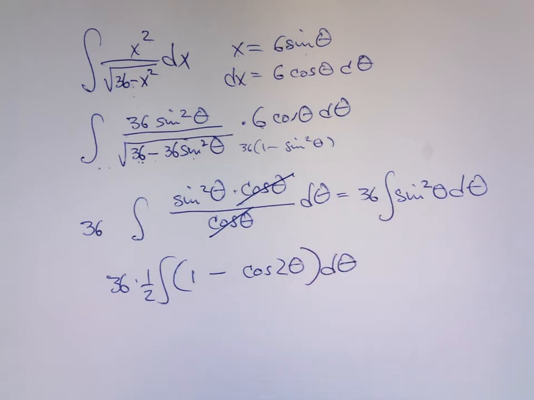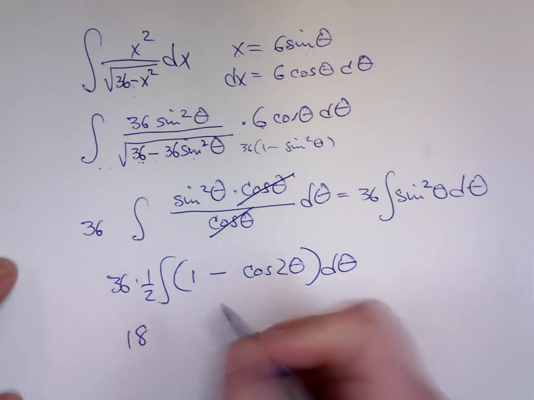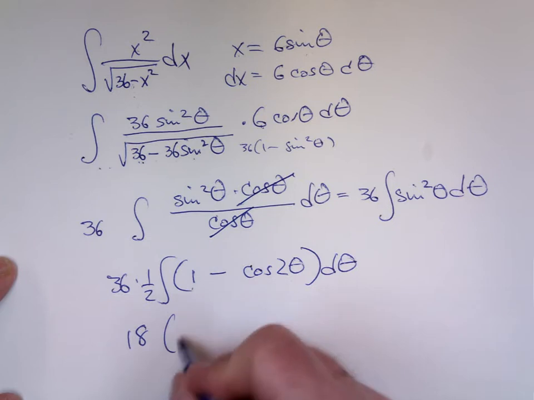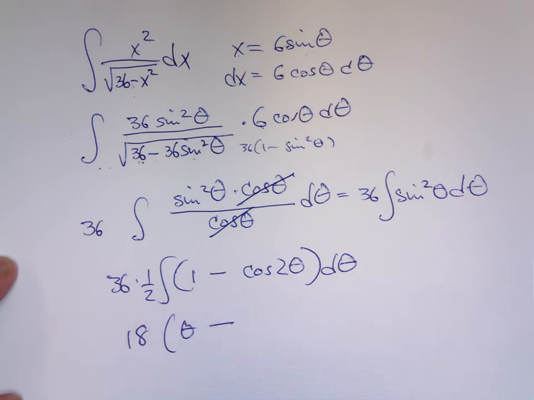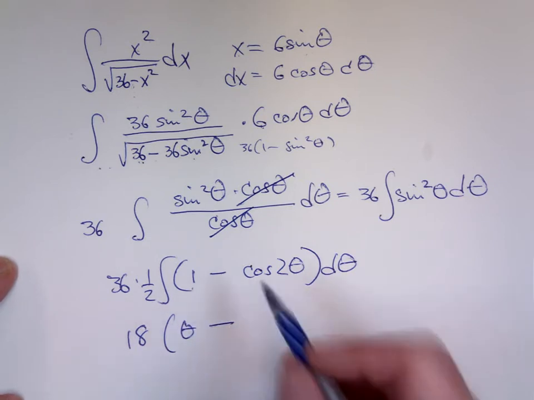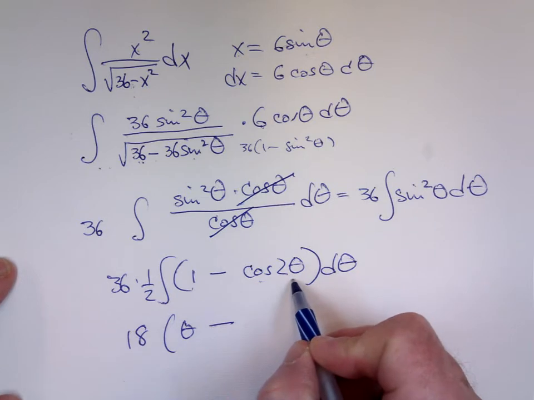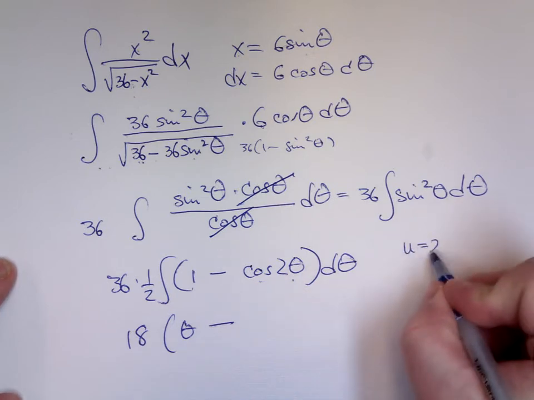That's how you do sines and cosines to even exponents. This is 18 times the integral of 1 d theta, which is theta, minus the integral of cosine. This is cosine u form. u is 2 theta.